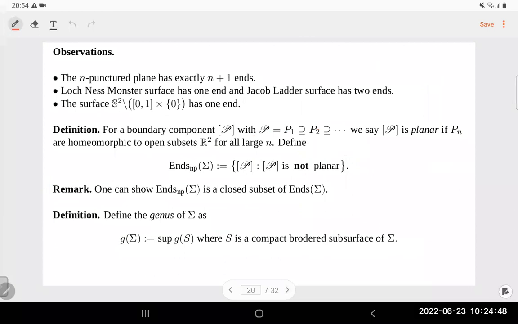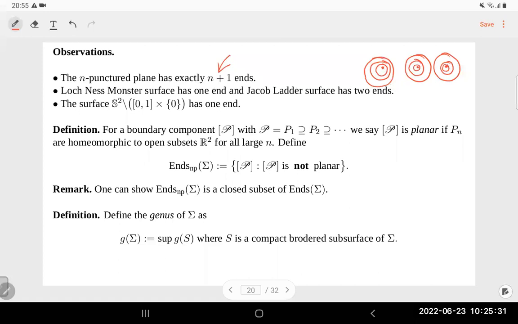All right, so the n-punctured plane has exactly n plus 1 ends. Let us try to see it. Suppose I have deleted 3 punctures. My space is actually R2, so I have to consider an end. Take small balls, concentric small balls around this puncture.